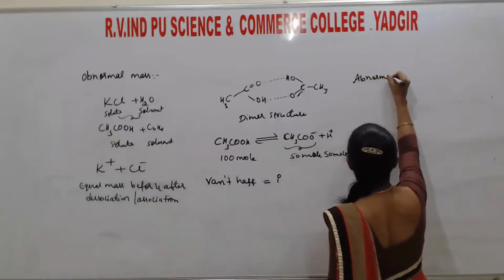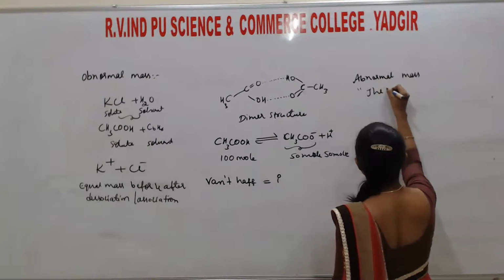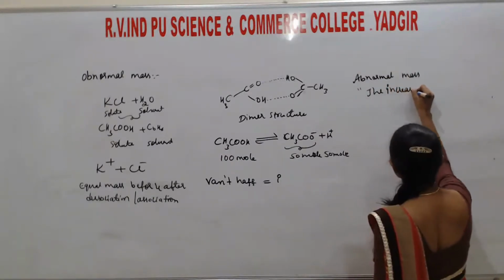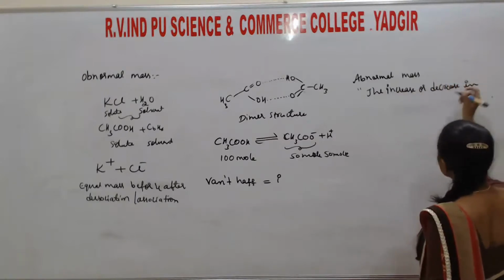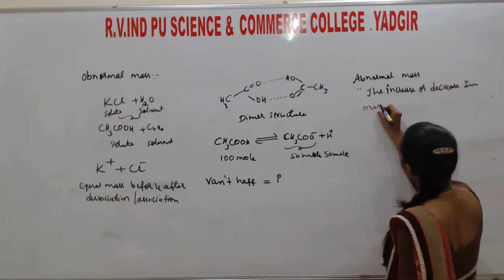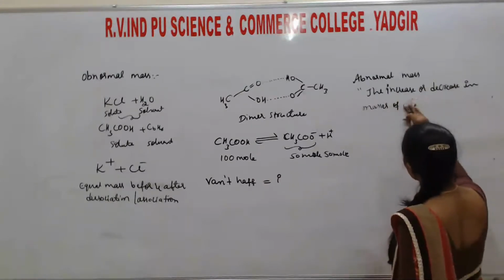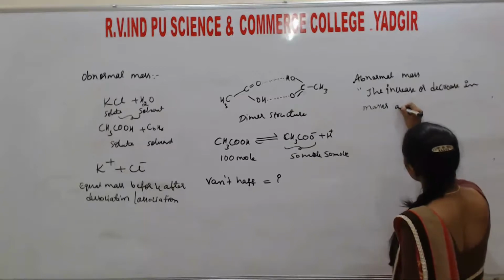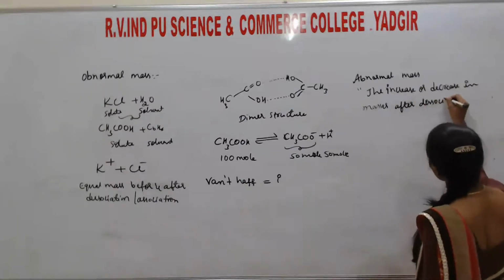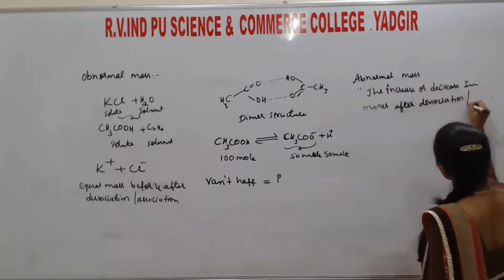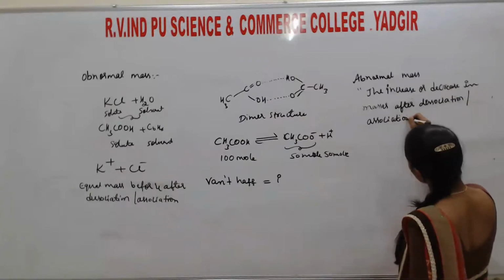Okay, what is abnormal mass? Abnormal mass means the increase or decrease in the masses of the solute after dissociation or association.